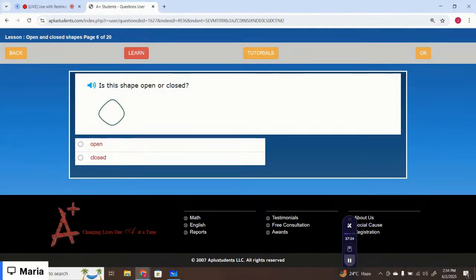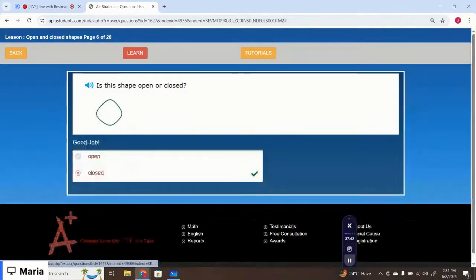Is this shape open or closed? Closed it is. Option number two is the correct option.